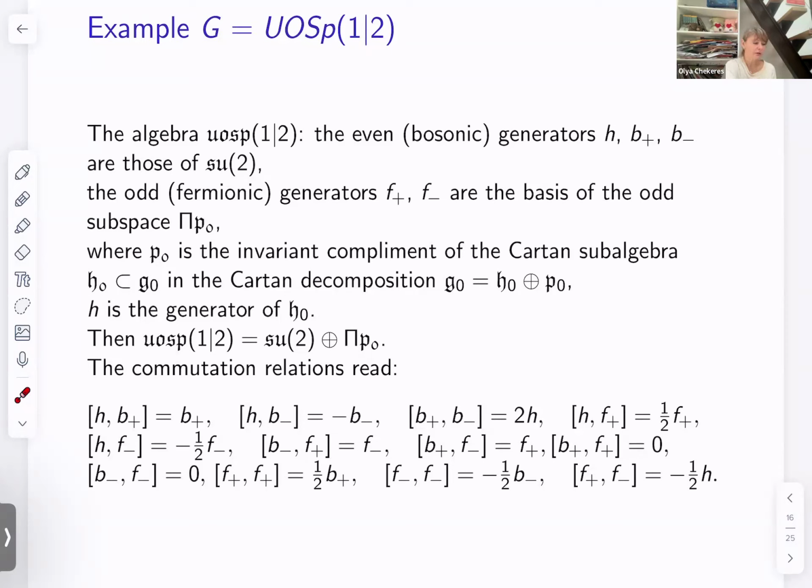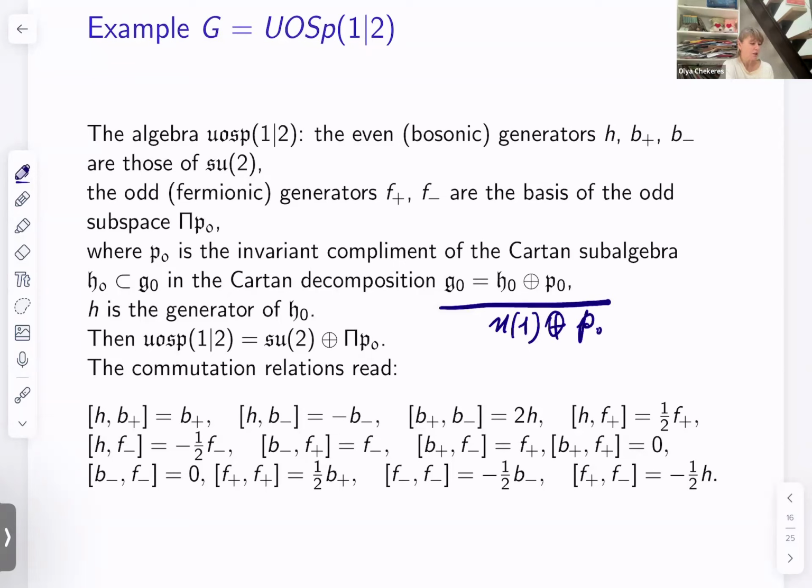So we have here G0, which is SU2, which is equal to the Cartan subalgebra direct sum with the invariant complement. H0 is the U1 subalgebra, and then there is this P0.